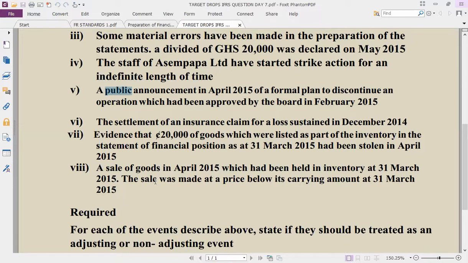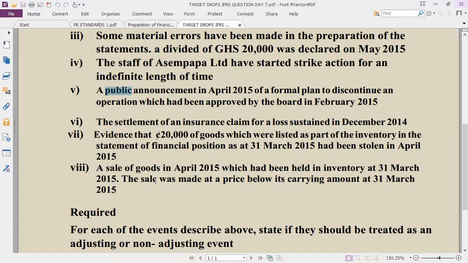Okay, let's go to note 6. Evidence of the settlement of an insurance claim for a loss sustained in December 2014. Good.